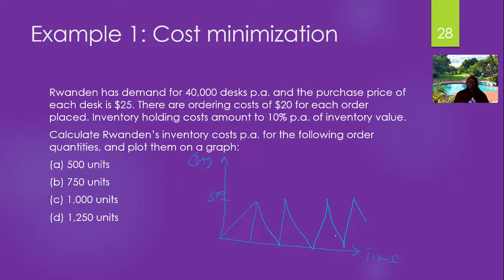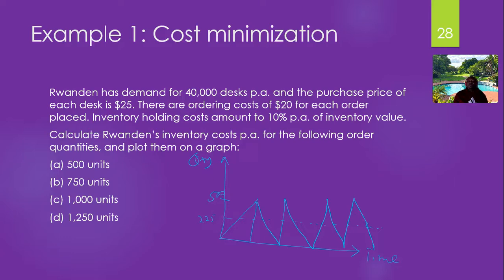So by the end of the day, our cost of holding the stock is going to be determined by the average of units which we are going to have at a particular point in time, which in this case would be 250 as the average, which is the order quantity of 500 divided by 2.